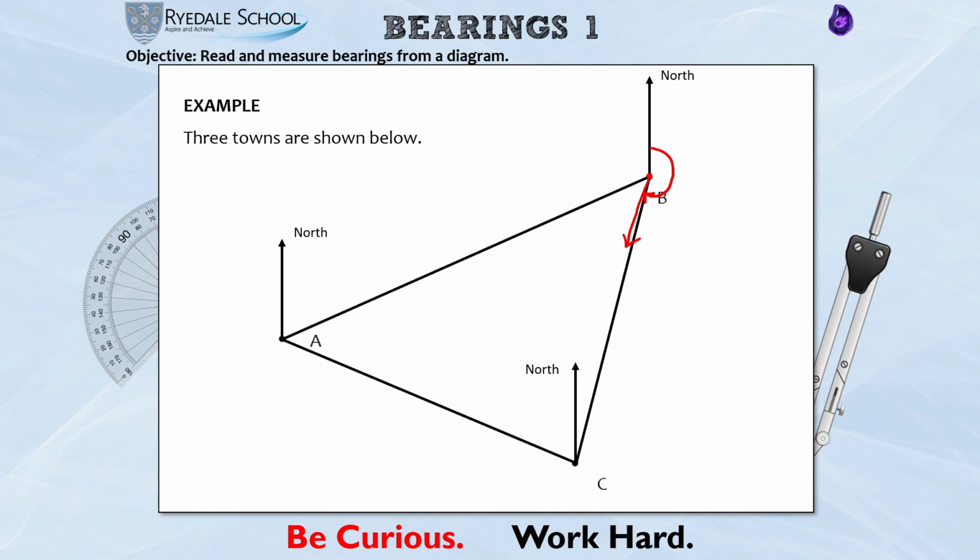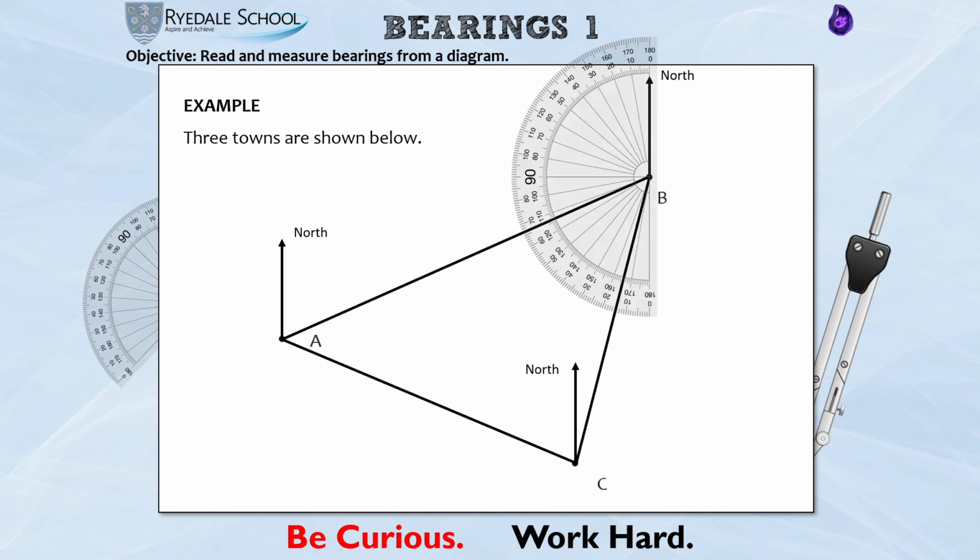Of course, that's going to now present us with another problem. If we're going to measure this angle, well, how are we going to do that? Now, you might have a very clever 360-degree angle measurer, but the vast majority of you will have a 180-degree protractor. So there's a couple of different ways that we could do this.